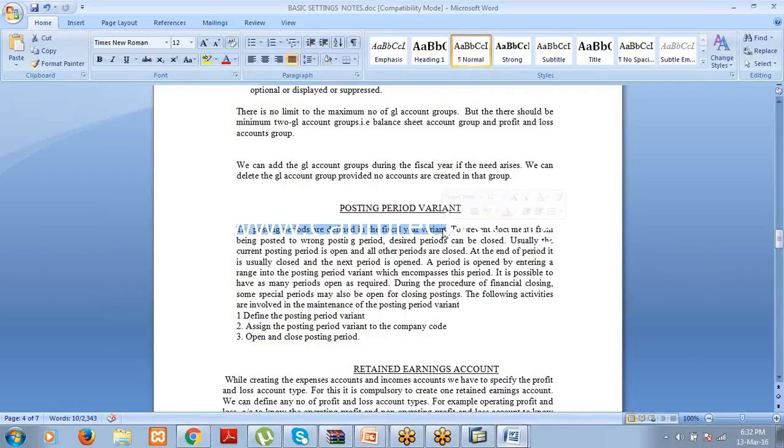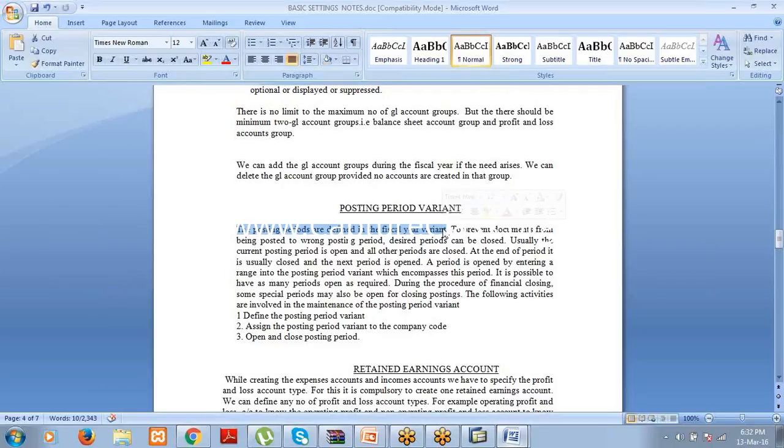In SAP, we have the functionality that we can post the business transactions into those posting periods which are opened for postings.